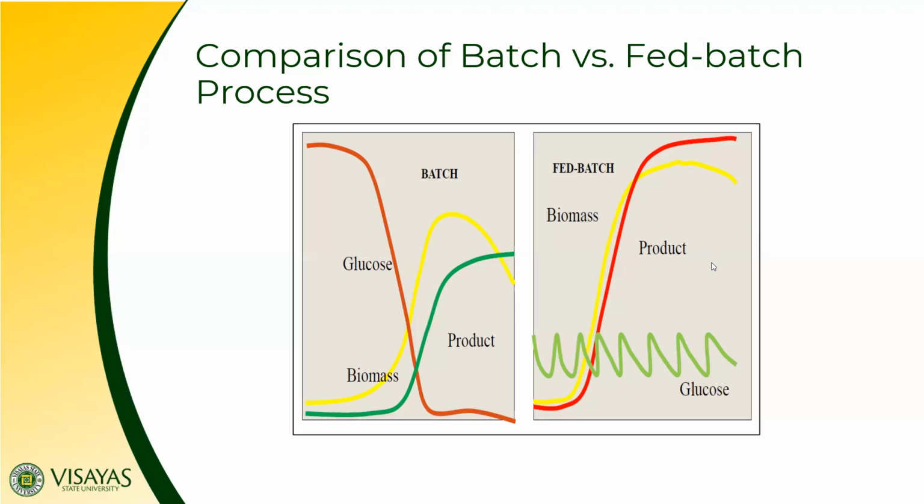If you want to produce large amounts of a biological product, we can use the fed batch process rather than the batch fermentation. So that's the difference between the batch and the fed batch process.